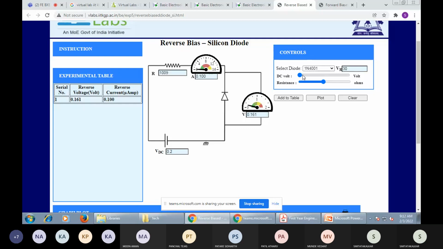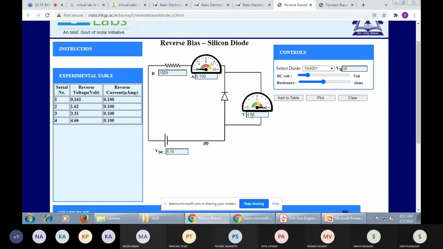You can check that breakdown voltage. This is the breakdown voltage. Then the reverse voltage is increased and the current is constant.